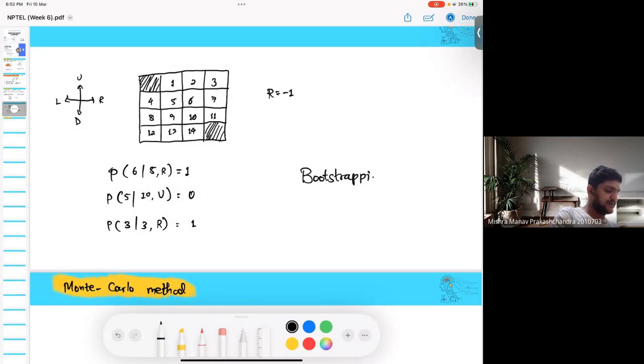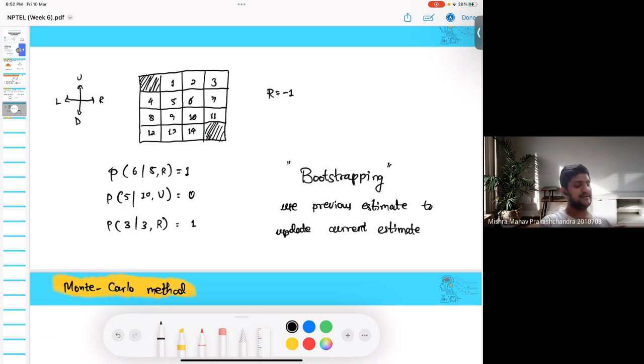This method is known as bootstrapping. Bootstrapping means using the previous estimate to update the current estimate. This is what dynamic programming has been doing.